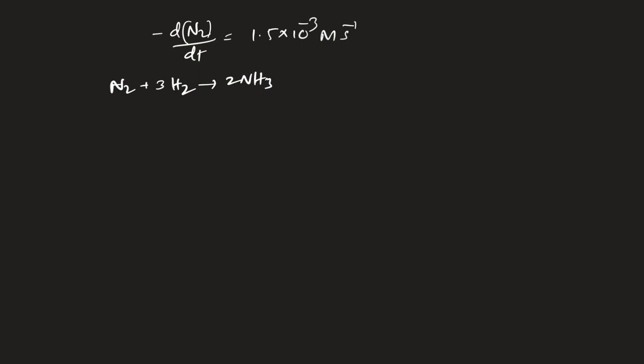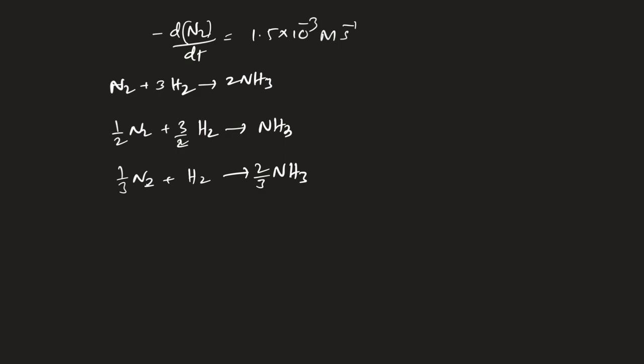Another equation is 1/2 N2 + 3/2 H2 gives rise to NH3. Another equation is 1/3 N2 + H2 (3/3 is 1) gives rise to 2/3 NH3. Different equations, the same reaction with different stoichiometric coefficients.